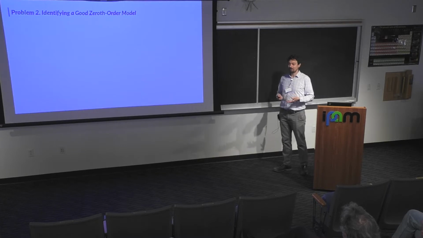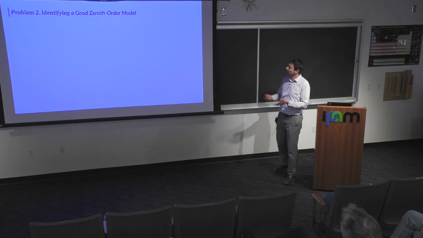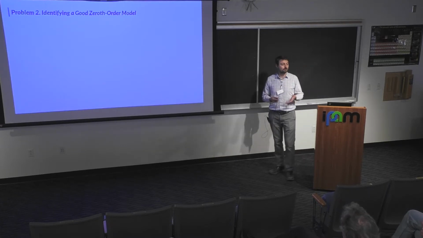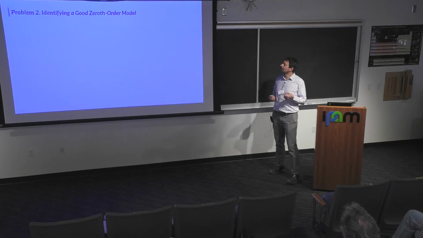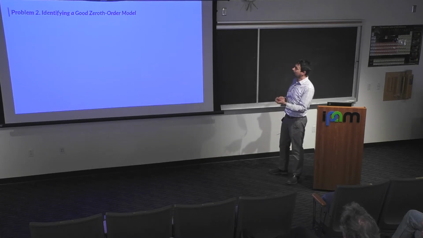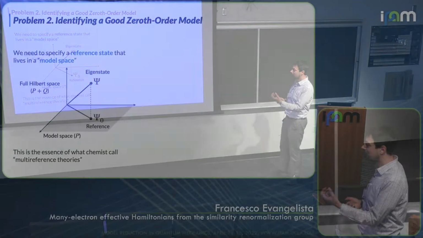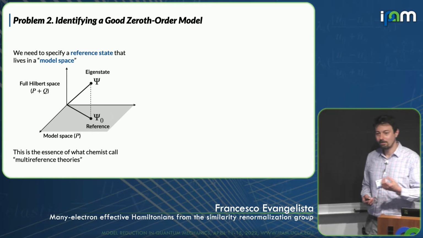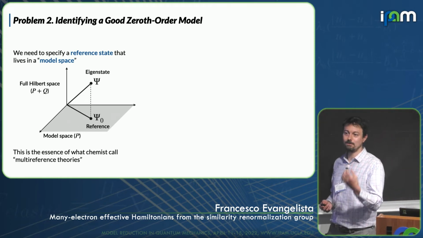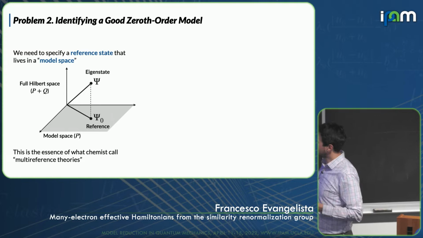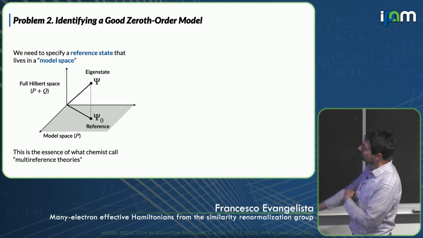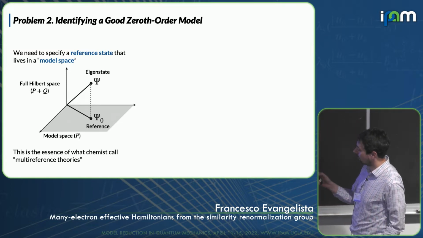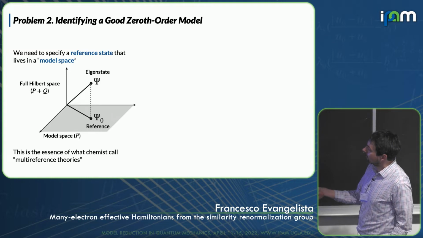Another big problem that I'm not going to address, but I need to introduce because at some point we're going to have to define what a model is for us, is to come up with a good 0th order model. So this is actually an interesting aspect of creating models, is that you can't create models from nothing. I mean, a good model already includes some ideas of what the solution is. So the way I'm going to think about this is that I have some eigenstate that I want to represent, and this lives in the full Hilbert space.